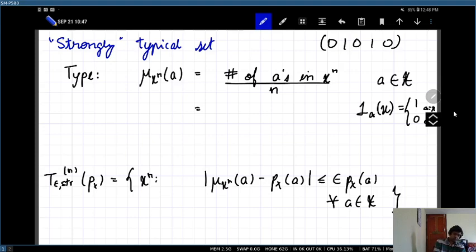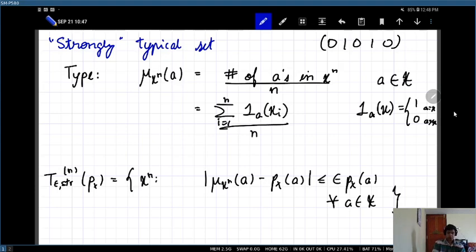And in terms of the indicator functions, mu xn of a is the sum for i going from 1 through n of the indicator a of xi, whole divided by n, right?